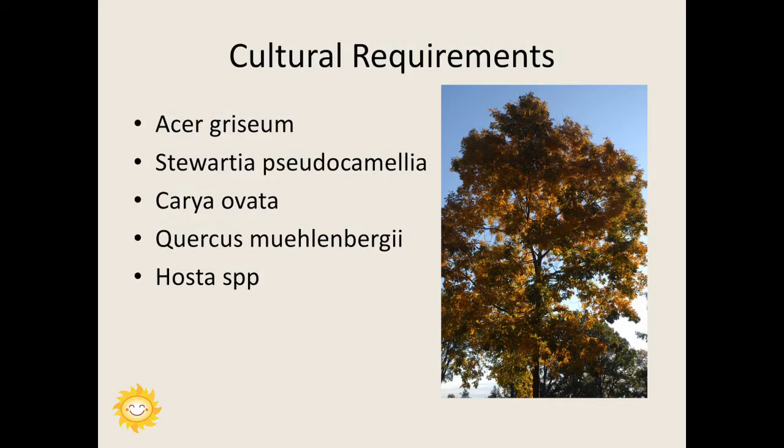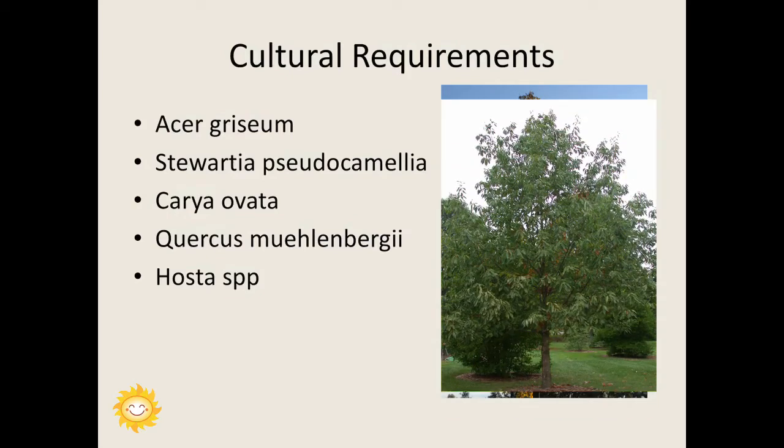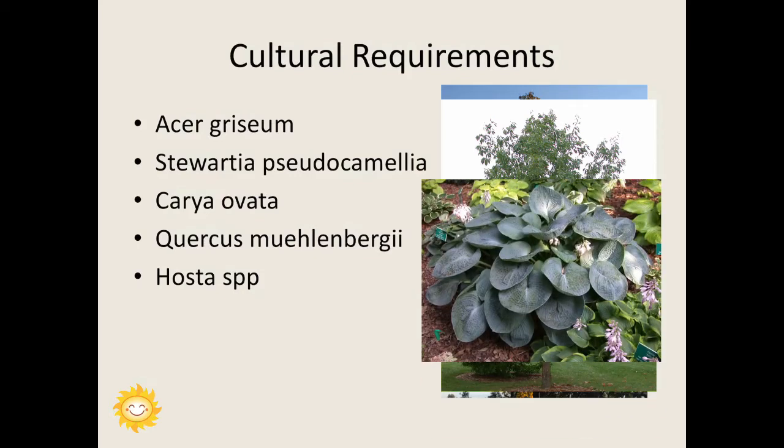It's fairly non-picky in terms of what it likes, but it really does prefer to have some covering on its roots. Here we have chinkapin oak. Chinkapin oak is another one that is a fairly easy landscape plant to grow, but would definitely prefer a more acidic environment.